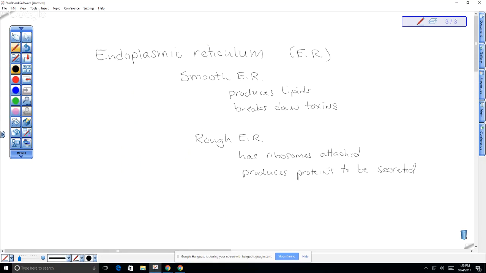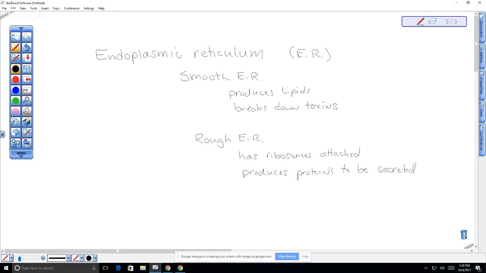What are those proteins called that neurons produce and secrete to the outside? Dopamine is an example. So neurons secrete neurotransmitters, right? And so they would have lots of rough ER in them to do that. Okay.